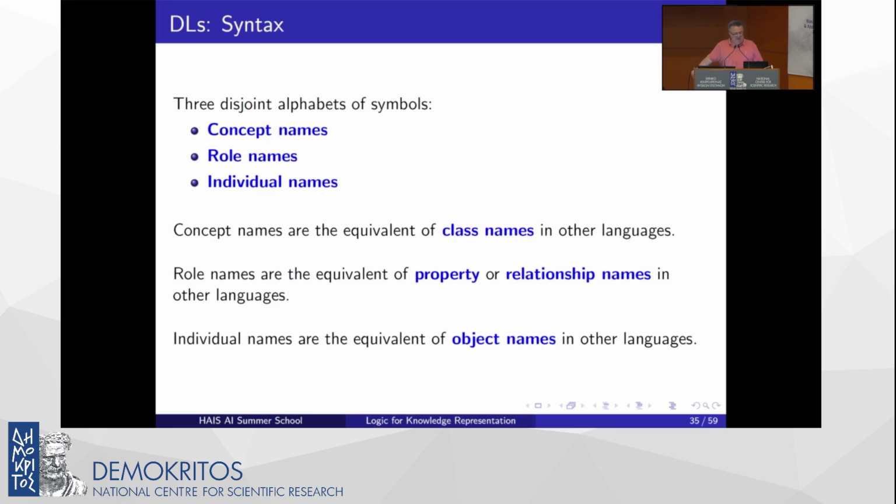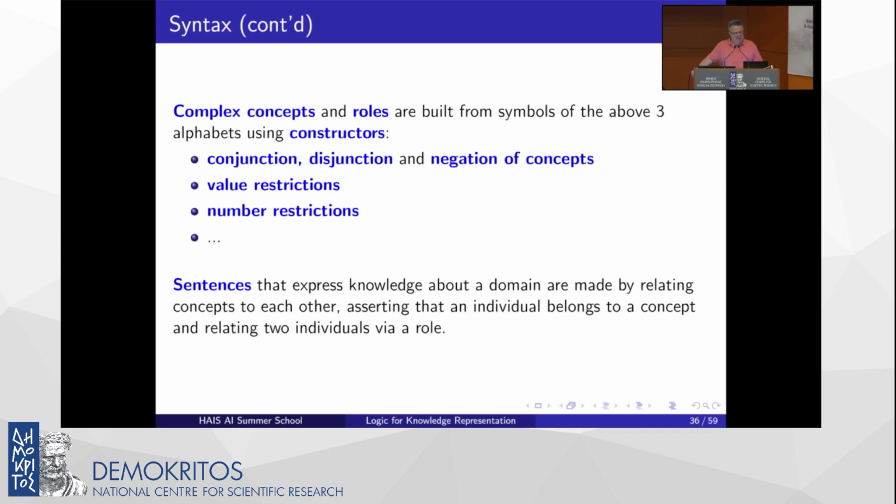Now, we use these symbols to build more complex concepts and more complex roles by using conjunction, disjunction, negation of concepts, value restrictions, and number restrictions, and other things.